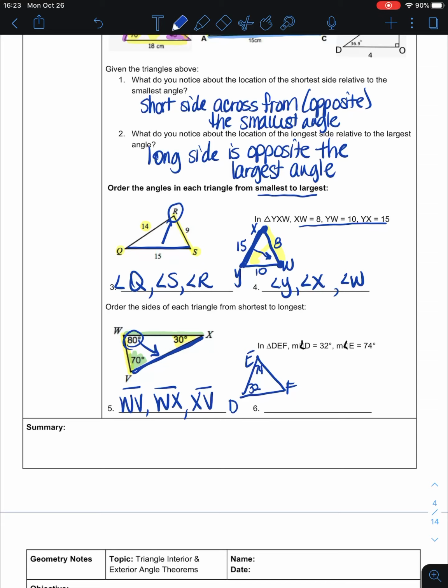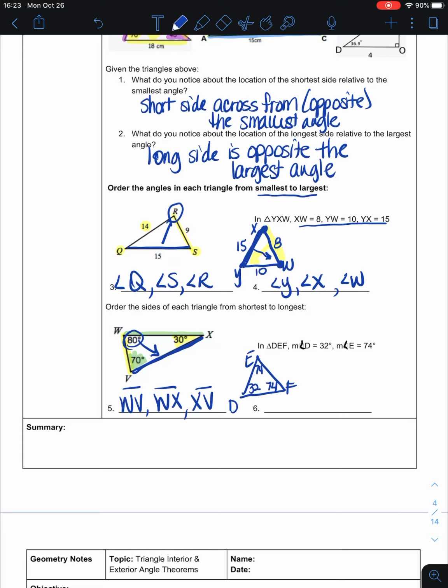E is 74, and if we reach way back into what we have learned before, we know that triangles add up to 180. So 180 minus 74 minus 32, or you can add them up and subtract from 180. You find out that angle F is also 74.